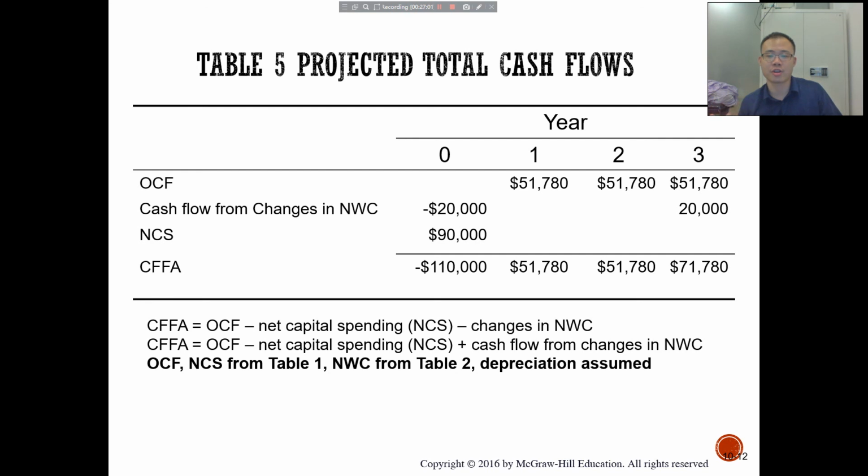At the end of the first year, you earned $51,780, and at the end of the second year, you earn another $51,780, and at the end of the third year, you earn $51,780 plus the money you got from cleaning up your inventory, selling your women's clothes, $20,000. So in total, you got $71,780.